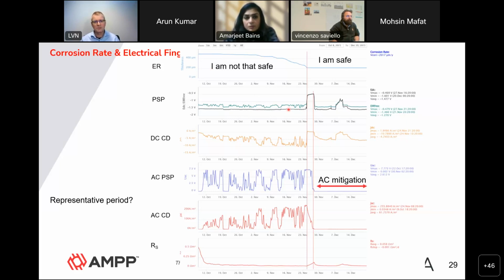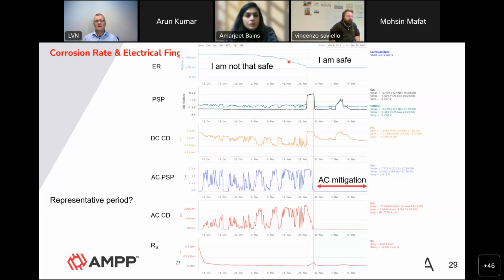And that problem is the combination of too high cathodic protection, which, if there was no AC, would be fine. But since you have an AC element in this particular situation, the combination of an otherwise safe potential, which is too excessive when it's combined with AC, will give you a non-safe condition.